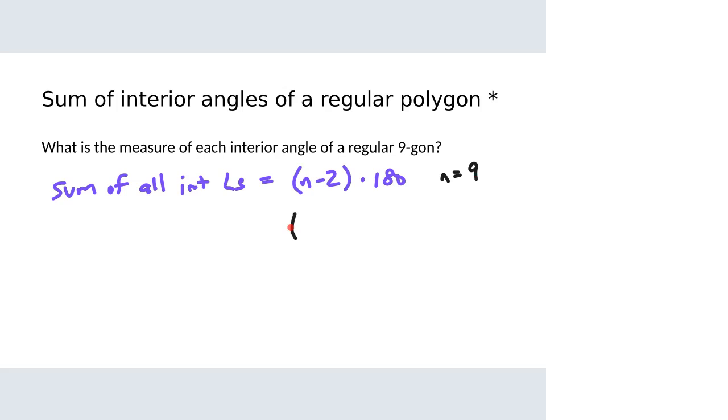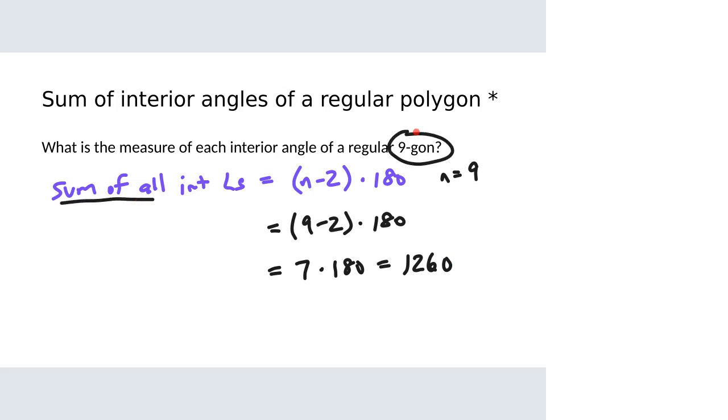And so when I plug that in, I'll have 9 minus 2 times 180, which will be 7 times 180, which is 1,260. It's not my answer, it's a really important number. That's the sum of all of them. And since it's a 9-gon, I know there are 9 of them, so I'll do 1260 divided by 9. And sure enough, 140 degrees is the measure of each interior angle of a regular 9-gon.